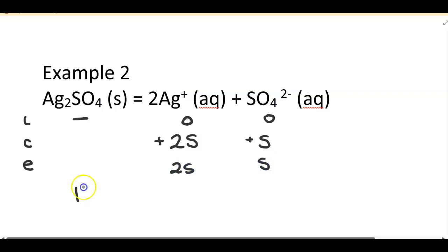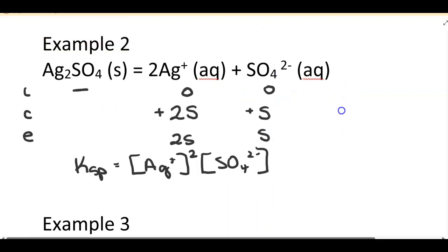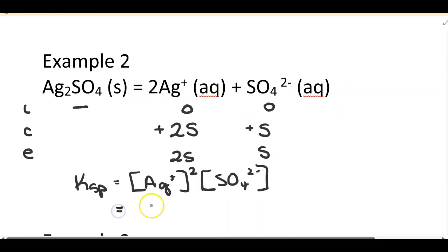Setting up our KSP, we would find that the concentration of the silver ions squared times the concentration of the sulfate ions would allow us to have 2s squared times s.